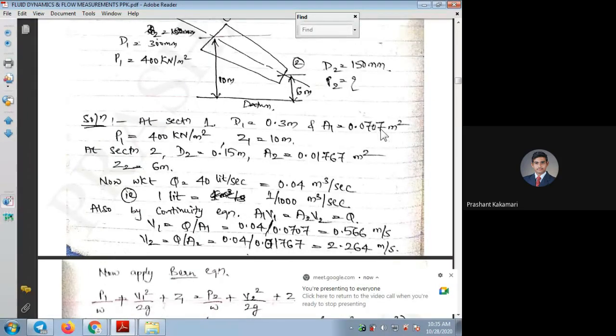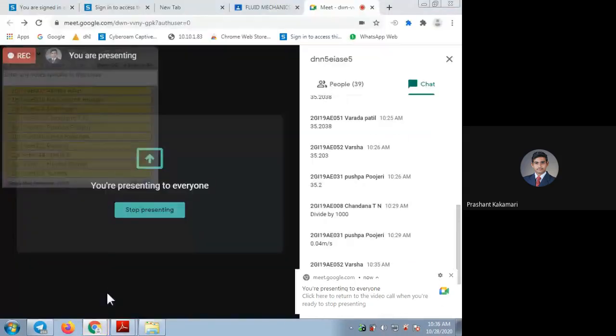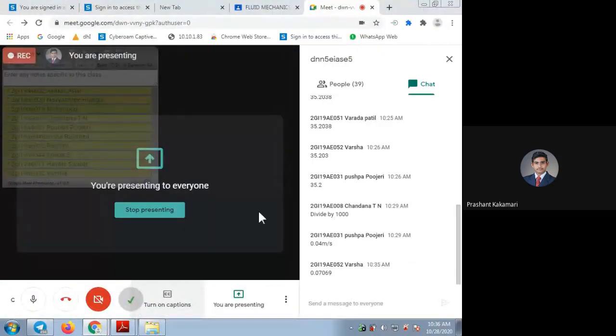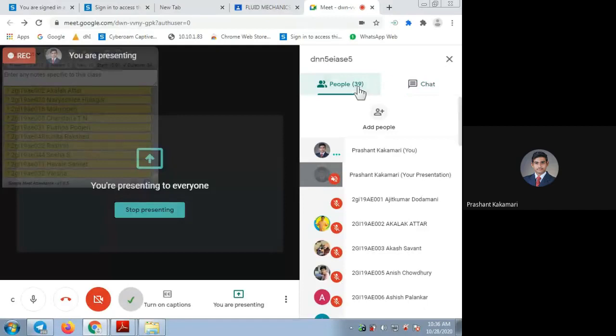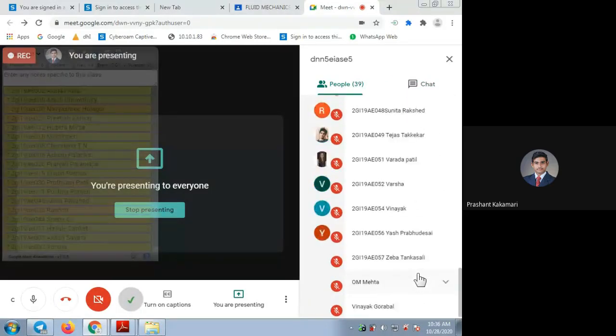Okay, so that value is okay. Area 2 and velocities, the others also find out the values. Others all are attempting, because only few are replying.